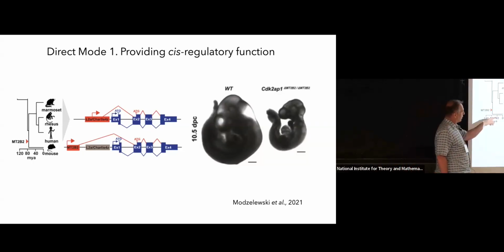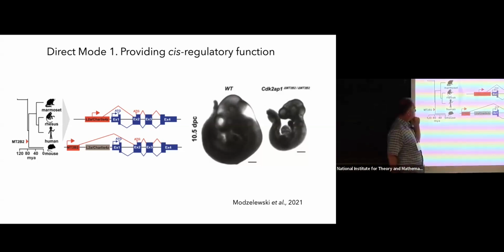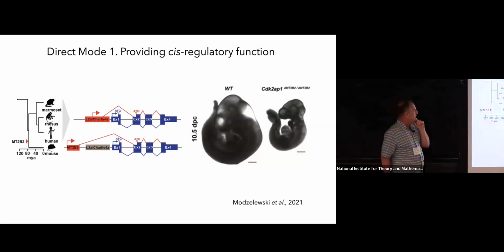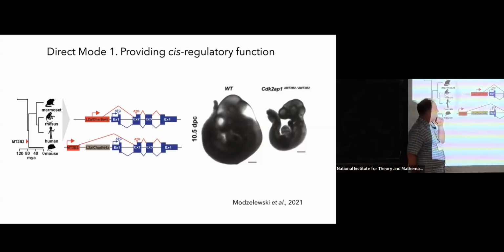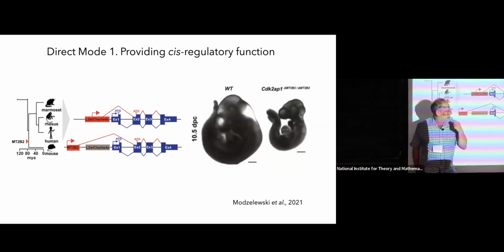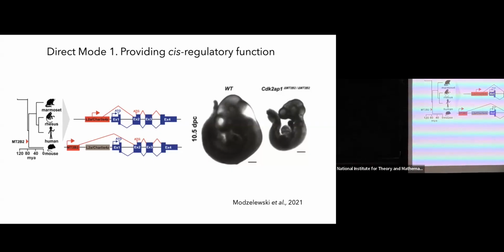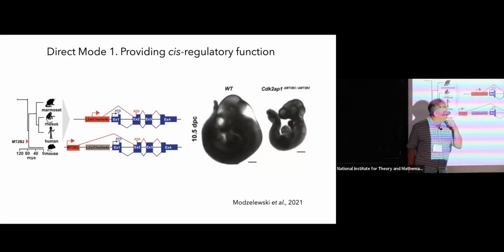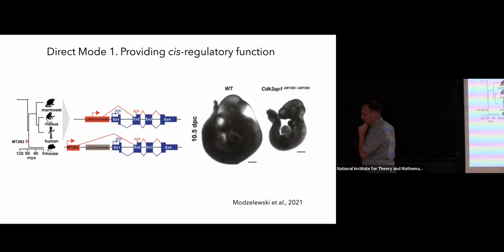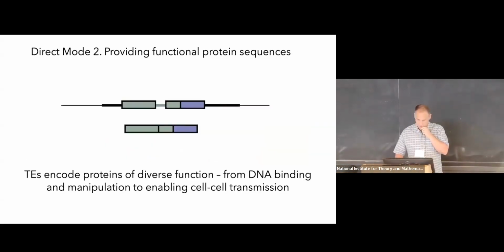And actually, this has been supplanted by another transposable element insertion in the mouse lineage, and now this one has taken over the regulation of this isoform. If you delete that transposable element, you upset embryonic growth.